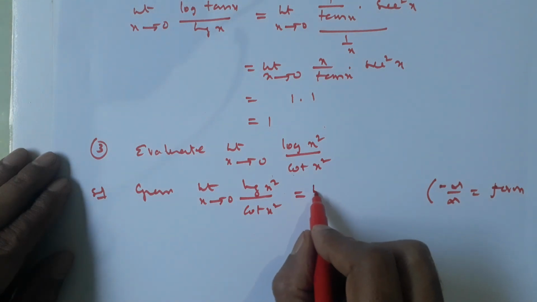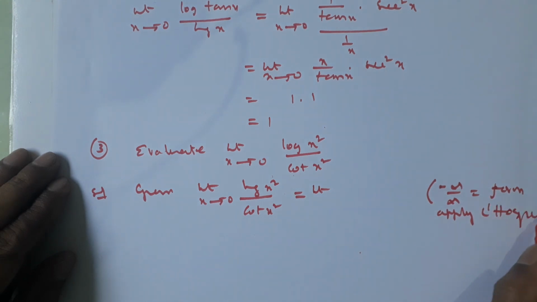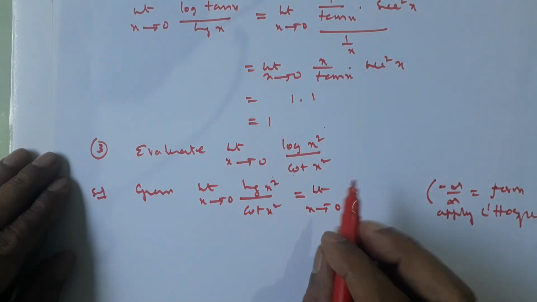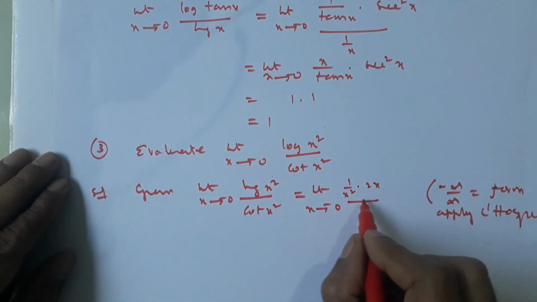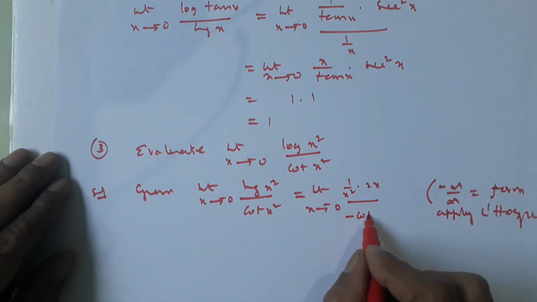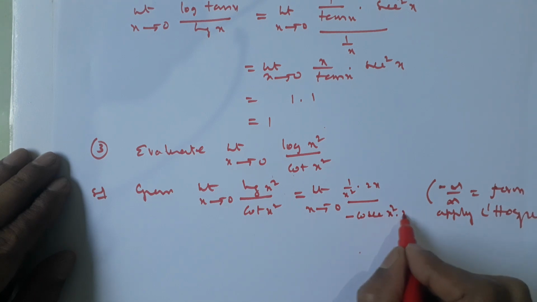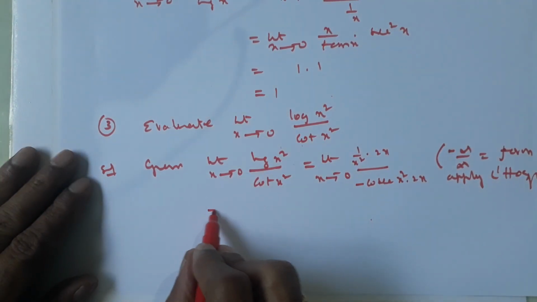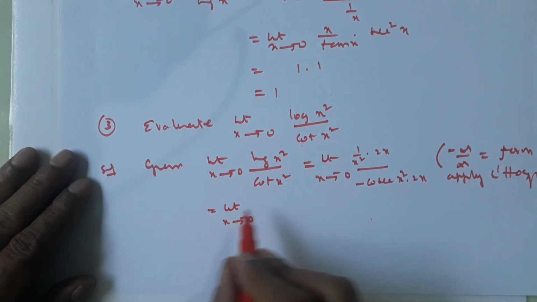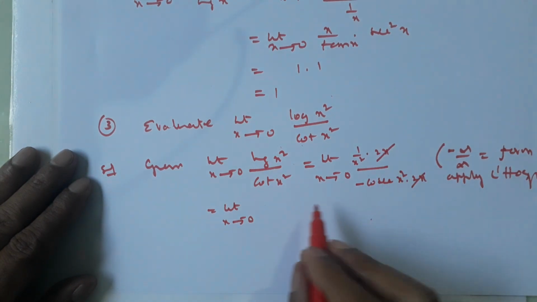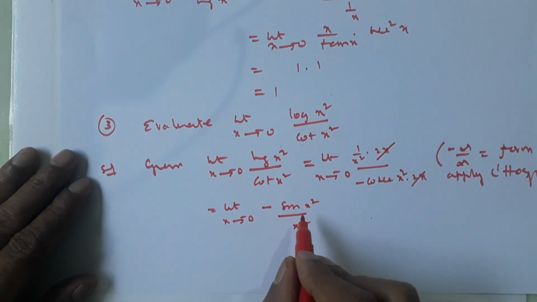So to apply L'Hospital, limit x tends to 0 log x square differentiation is 1 by x square, again x square differentiation is 2x, divided by minus cosecant square x square into 2x. So 2x will be cancelled, and this becomes minus sin x square divided by x square.